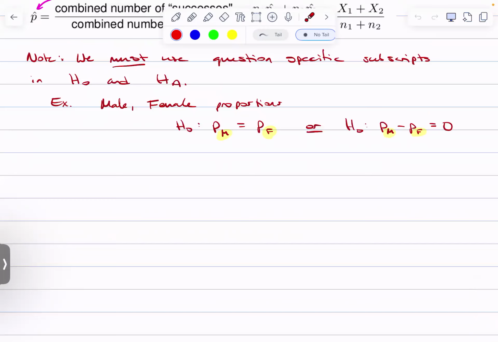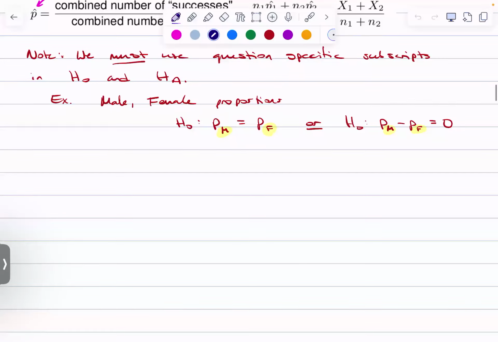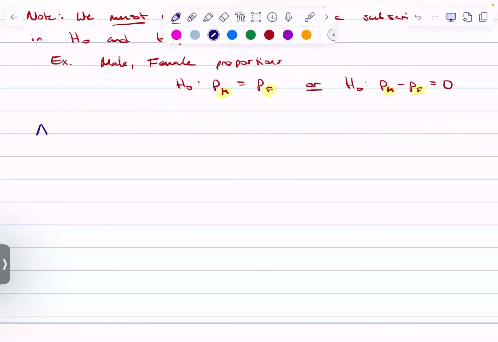Should we tackle the assumptions right away? They're in the slides, but let's just do it. The assumptions for two sample proportions. We already saw it with one sample proportion, right?